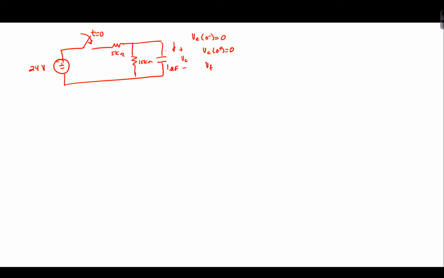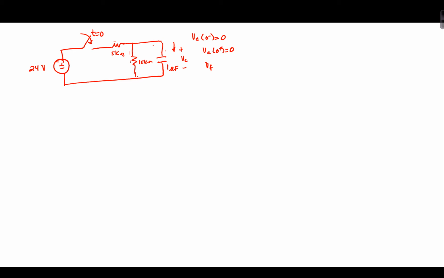At that point, if there's no current going this way, all the current through the 5K resistor will also be going through the 15 kilo ohm resistor. In other words, with this fully charged, we've got a voltage divider situation.